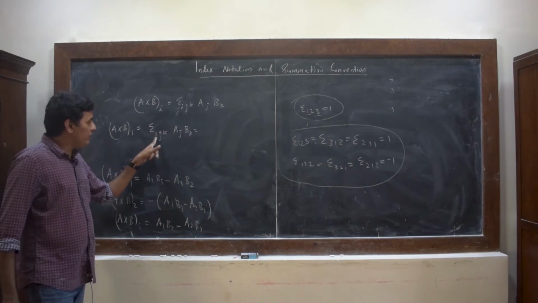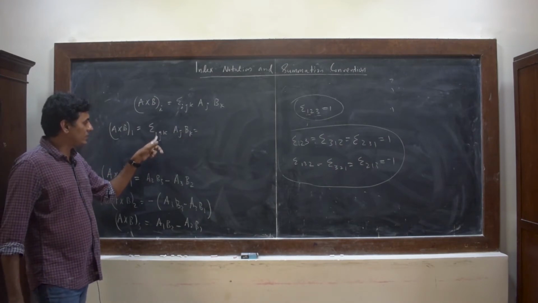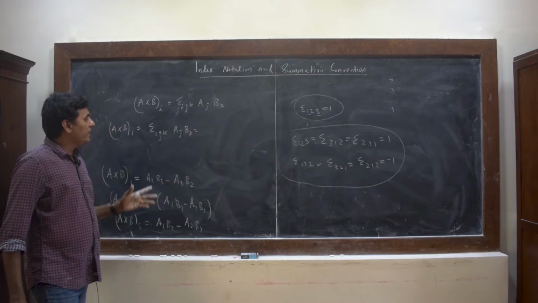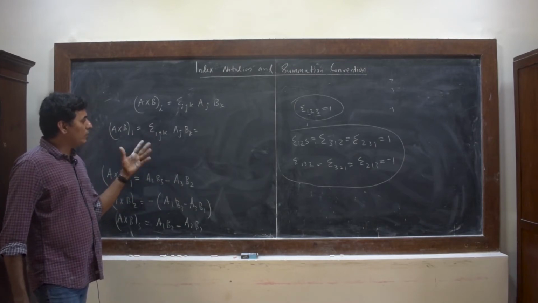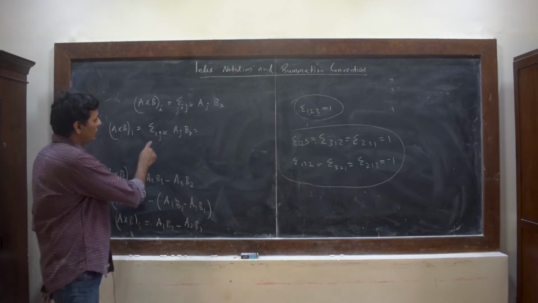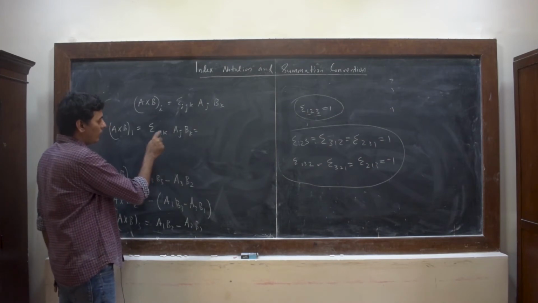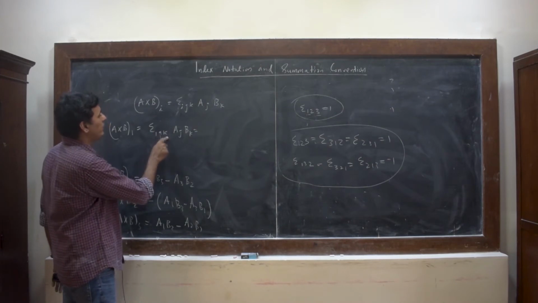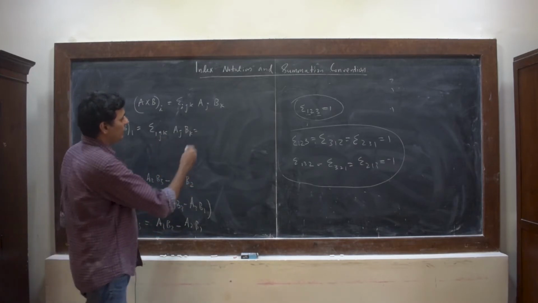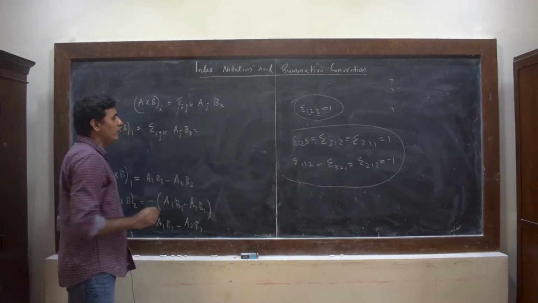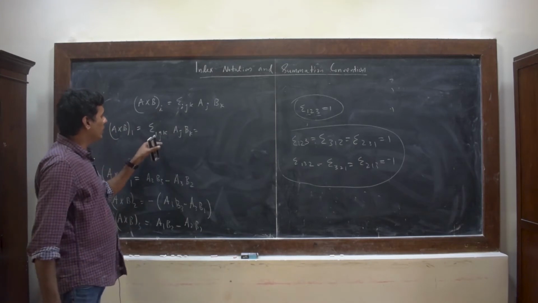So if i is fixed as 1, then j and k must be equal to either 2 or 3. If j is 2, then k must be equal to 3, or if j is 3, then k must be equal to 2. These are the only non-zero possibilities for epsilon 1jk.